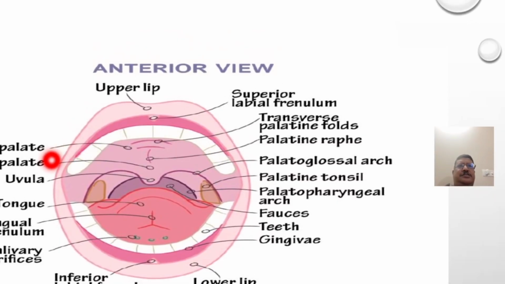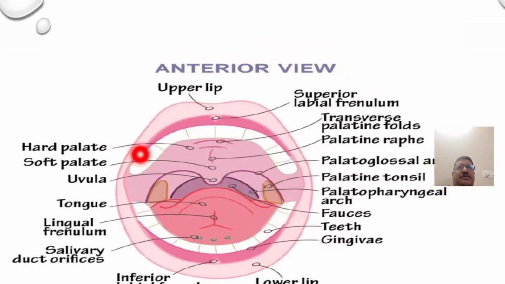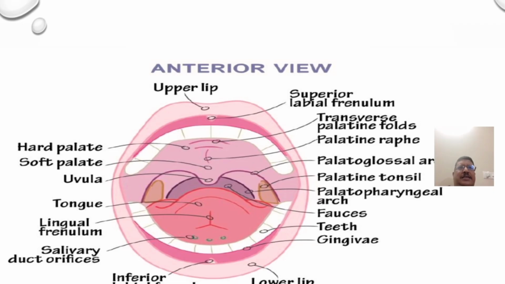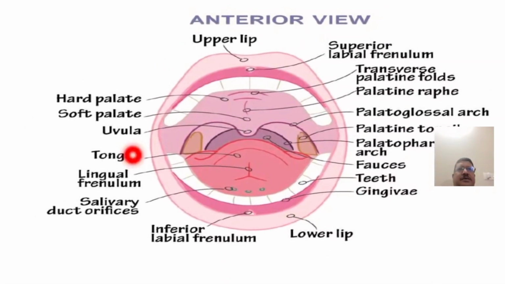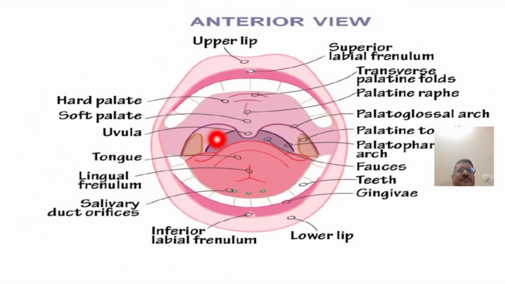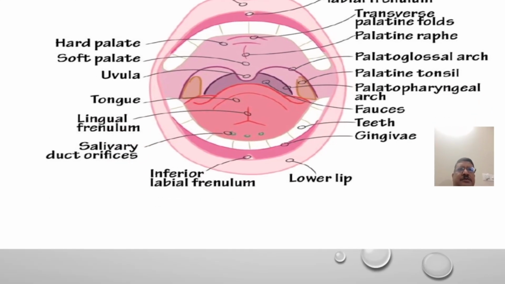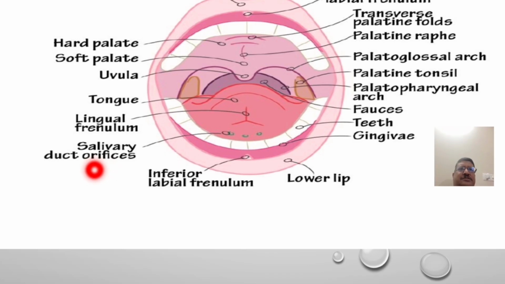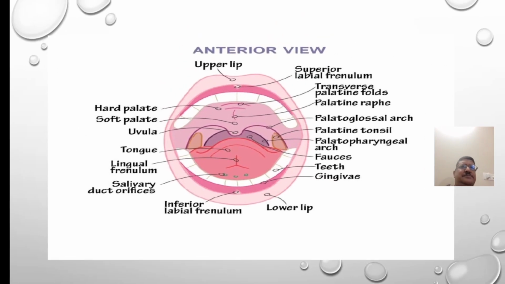These are the structures: hard palate, soft palate, that is the uvula. Another is the tongue, lingual frenulum, salivary ducts orifice, inferior labial frenulum, lower lip, teeth, and gingiva. So this is the structure.